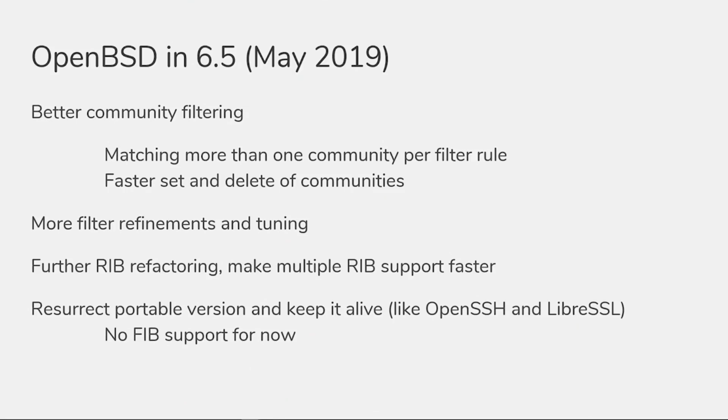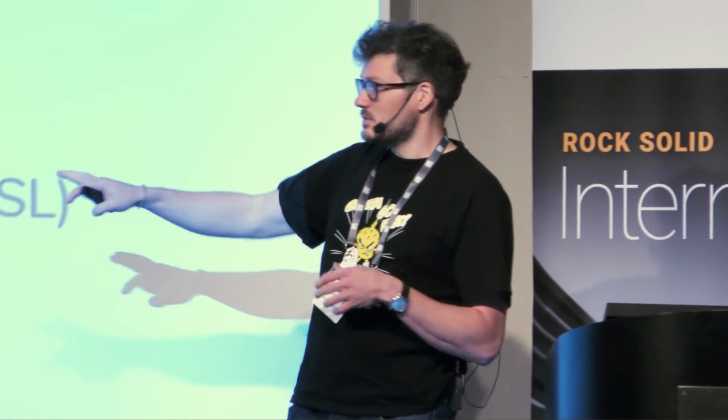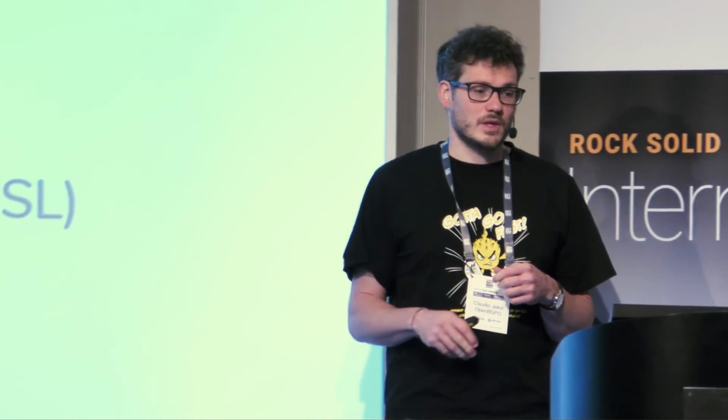And by bringing new ideas into this old design, we're able to, or at least that's my goal, make it go faster again, especially when it comes to multiple RIB support, which is one of the things that a lot of the Internet Exchange Point route server providers are looking into. They want to be able to have multiple RIBs so that every peer has its own view.